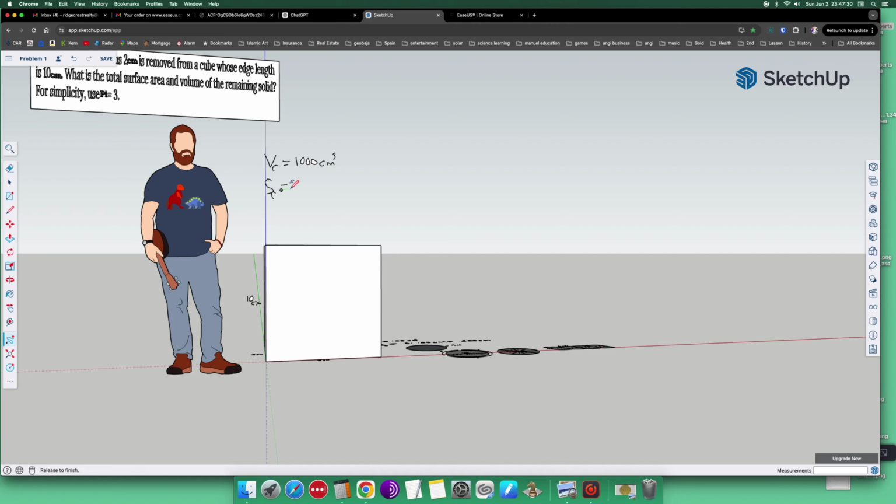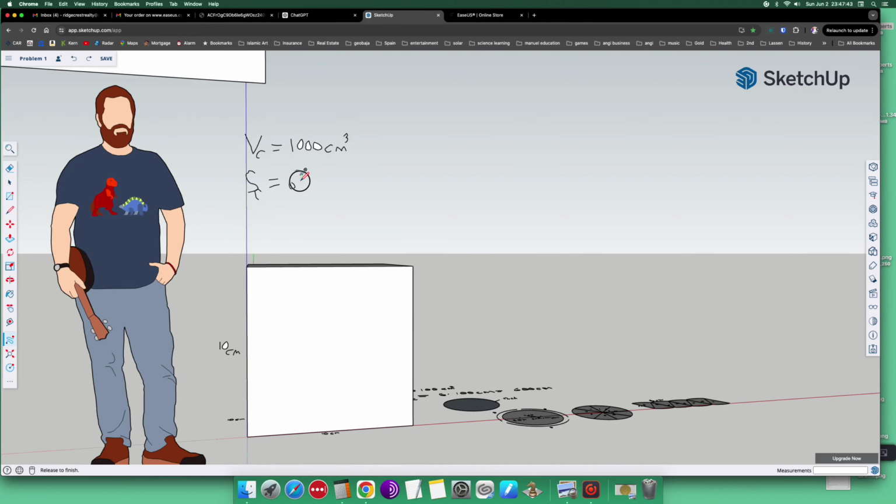So that's where we came up with the 600 centimeters. Not cubed, but squared, because we're talking about surface area, right? Linear distance is just centimeters. Cool.